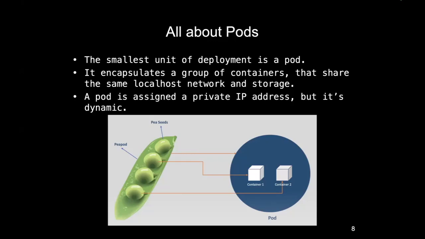Whereas in Docker Desktop, when we deploy a container onto our Docker Desktop environment, Docker Desktop assigns an IP address to that container, which is a private IP address. It's internal to Docker Desktop. It's not accessible outside of Docker Desktop unless you do port forwarding.